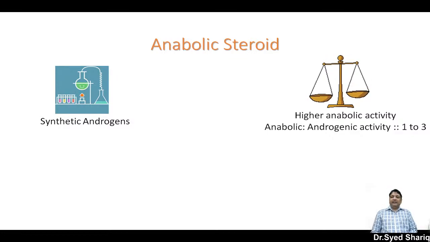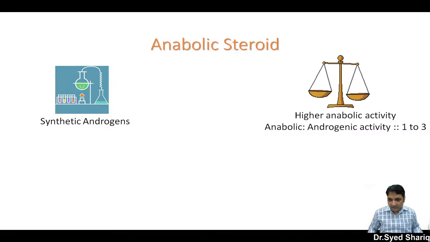For example, if we take testosterone as one value, that means it has equal value on anabolic mechanism and on androgenic activity. The anabolic steroids have much higher anabolic activity, almost three as compared to the one of testosterone.